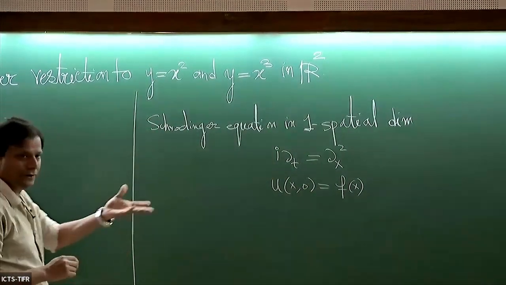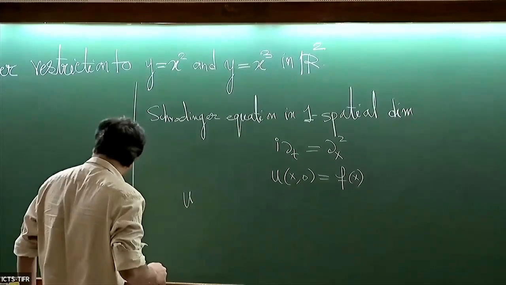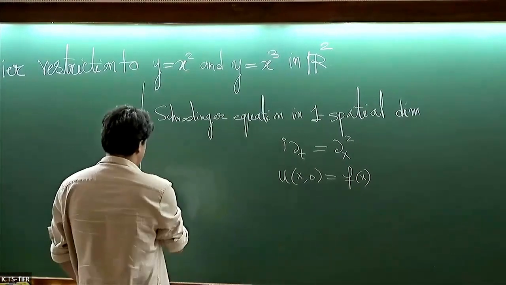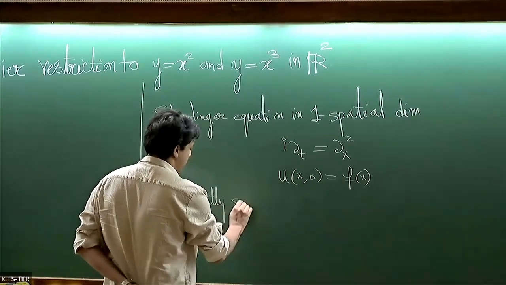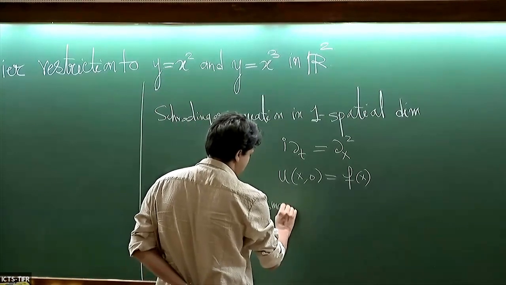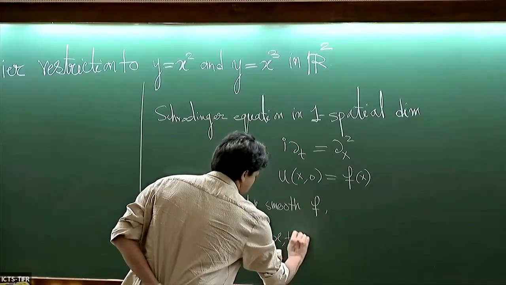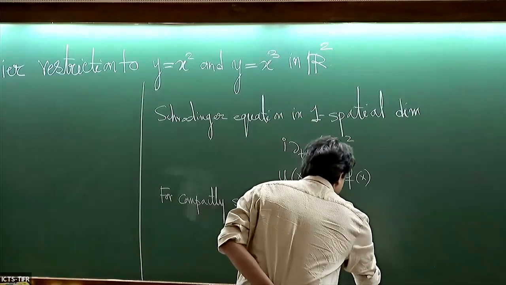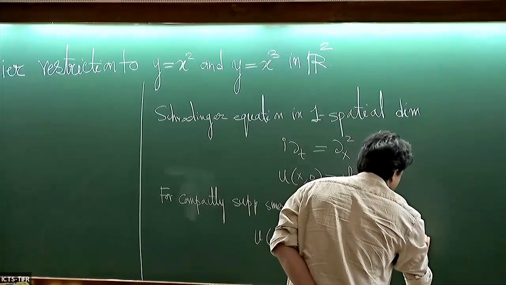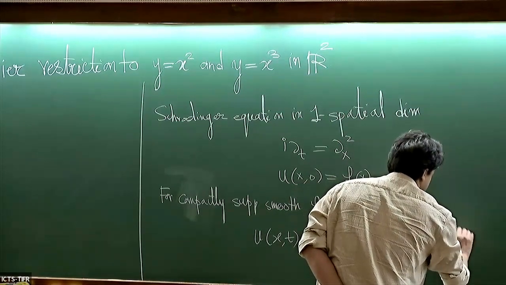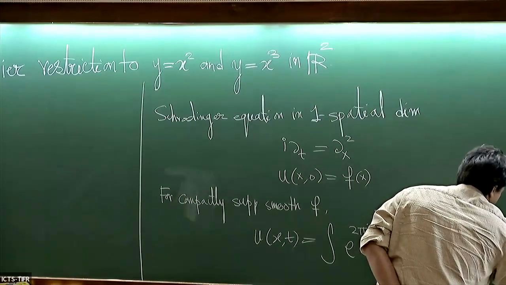As we have seen, the solution u, at least for nice f, for compactly supported smooth initial data f, the solution u at time t is given by this integral: e to the 2 pi i, take the dot product of the fixed point (x,t) with the point on the parabola (zeta, zeta squared), multiplied by the Fourier transform in zeta.